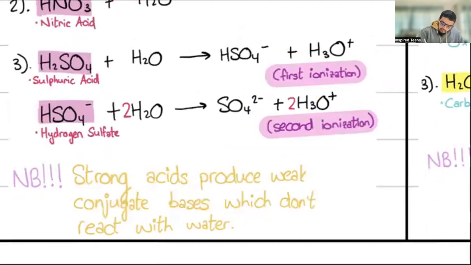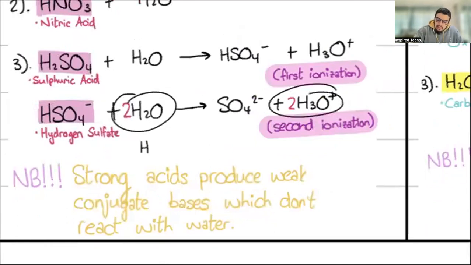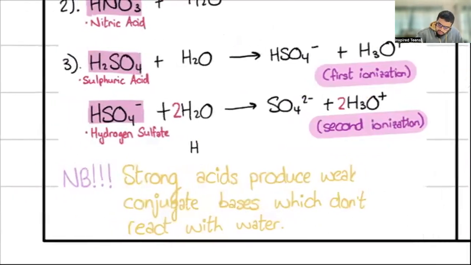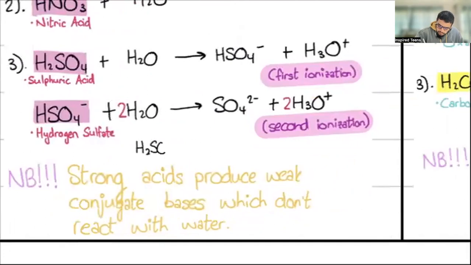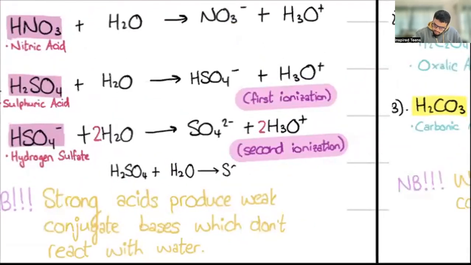So this 2 here and this 2 here is simply balancing, right? You should actually try and memorize it. It would make life easier: you need to add 2 in front of the H2O and H3O plus to balance it. So we have H2SO4 plus H2O to give us SO4 2 minus plus H3O plus. Actually, these 2's are incorrect.